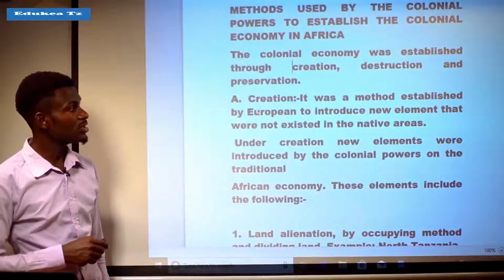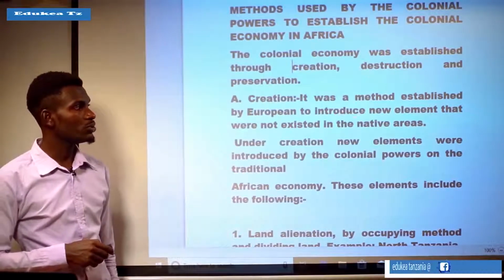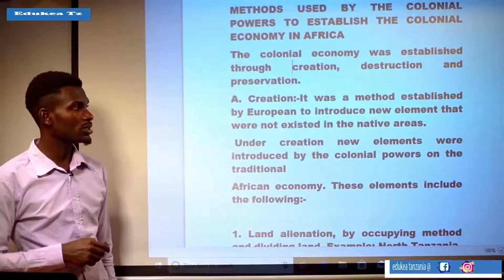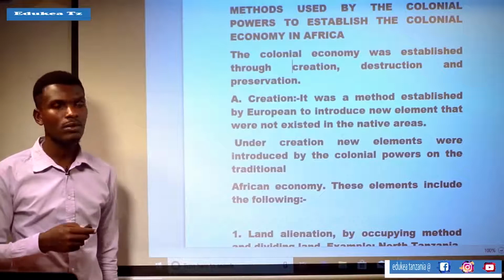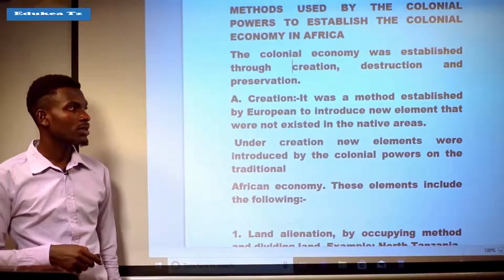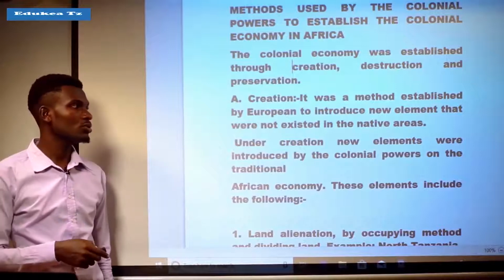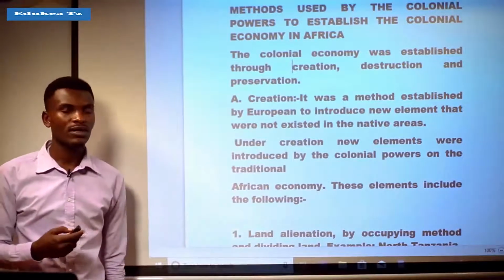Creation was the method established by Europeans to introduce new elements that did not exist in the native areas. This was the method whereby the colonialists introduced new elements that did not exist in the native areas.